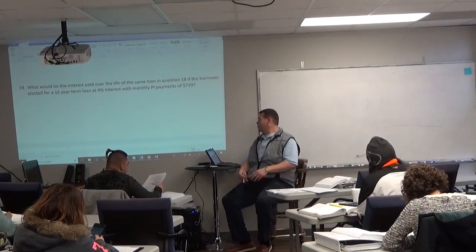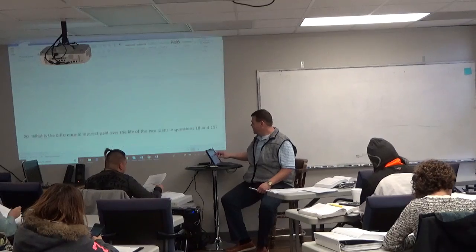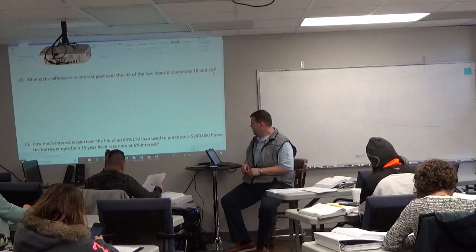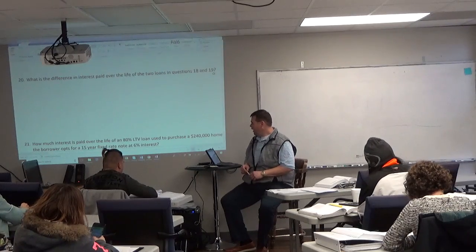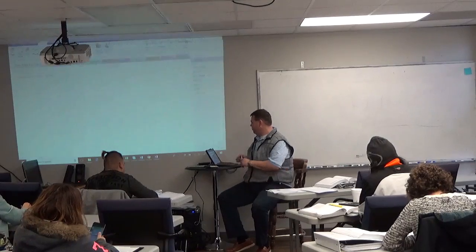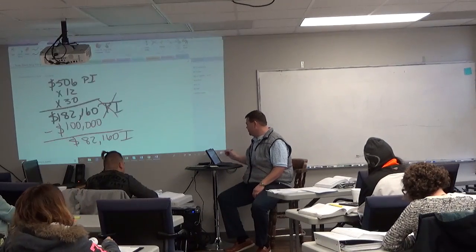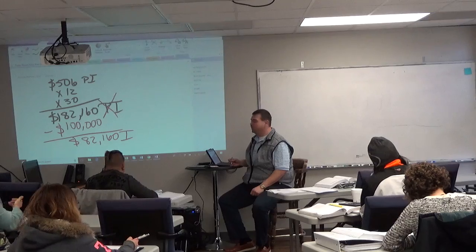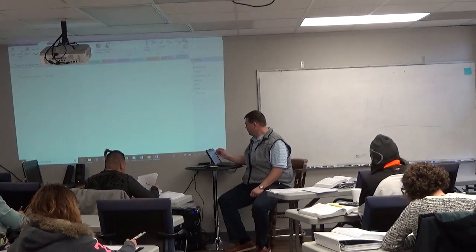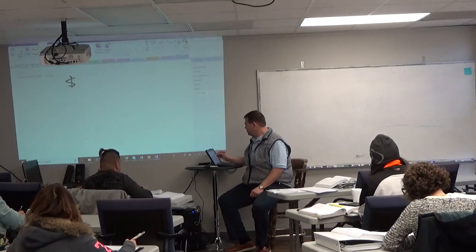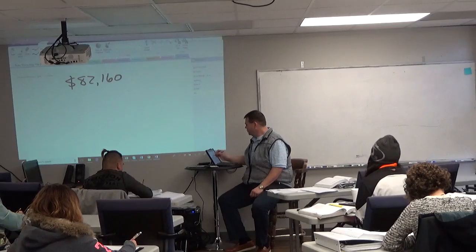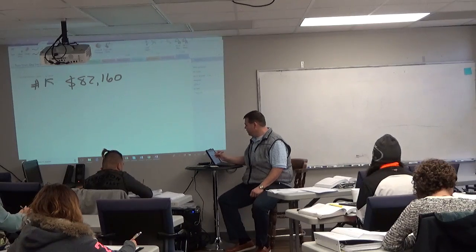Okay? So the next question said, what is the difference in the interest paid over the life of the 2 loans in questions 18 and 19? So if we go back and look at the interest paid over the life of the 2 loans, here's number 18. It was $82,160, right? So I'm going to write that number down. $82,160 was number 18, right?